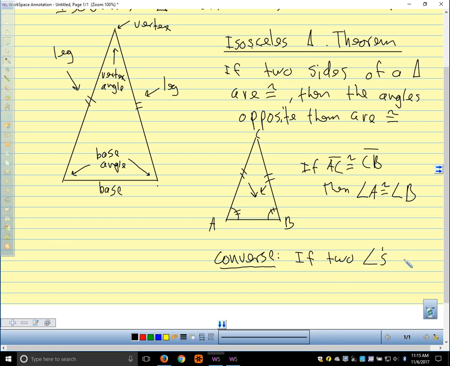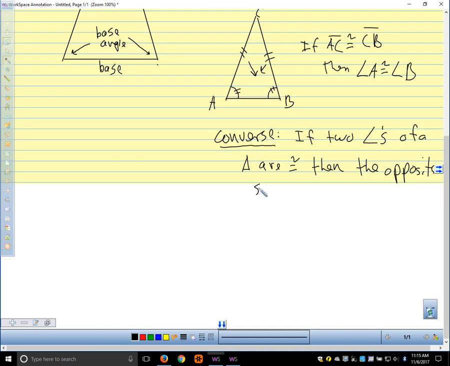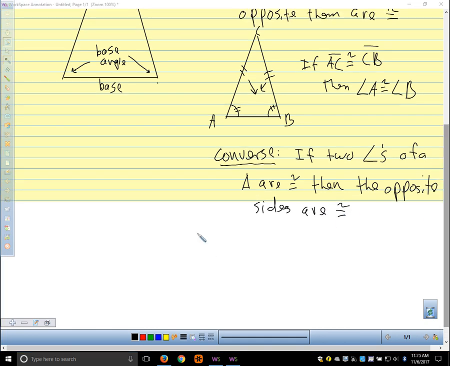So if two angles of a triangle are congruent, then the opposite sides are congruent. And I think of this kind of in reverse of the original theorem.